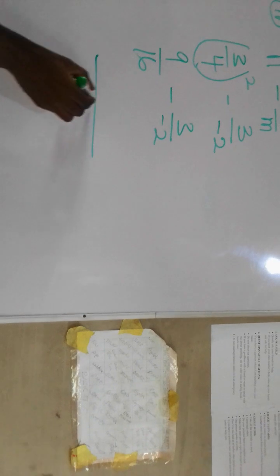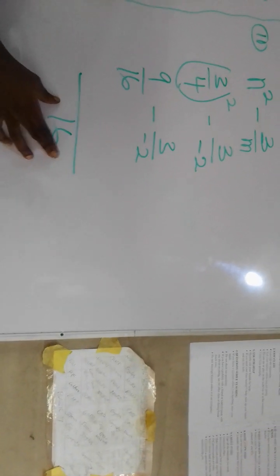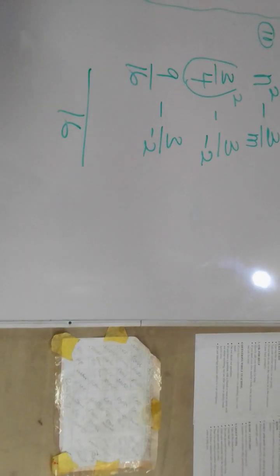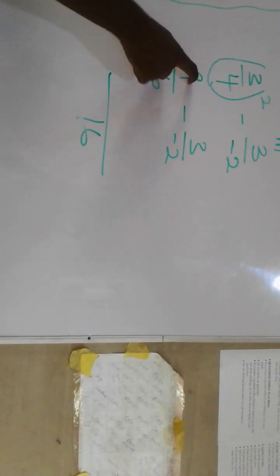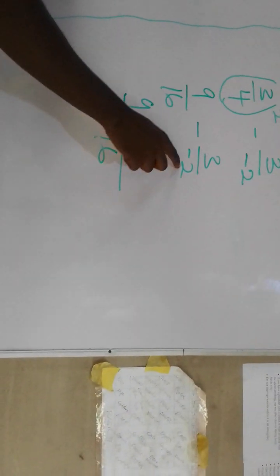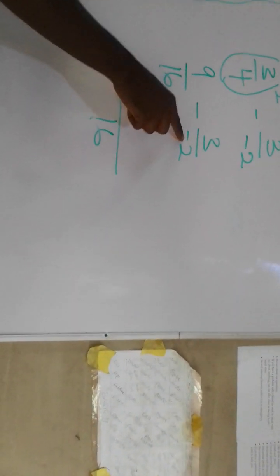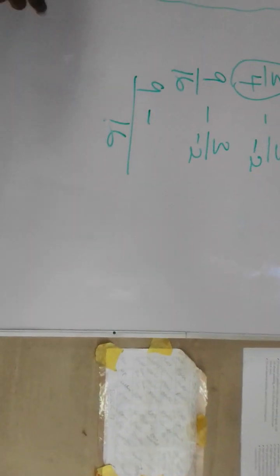So the LCM is what? 16. Please, don't do anything negative. You maintain the positive 16, okay? Good. 16 goes here, 1. 1 times 9, 9. Minus, maintain your negative. Now, 2 goes into 16, 8. And because it's negative, it will be negative 8.